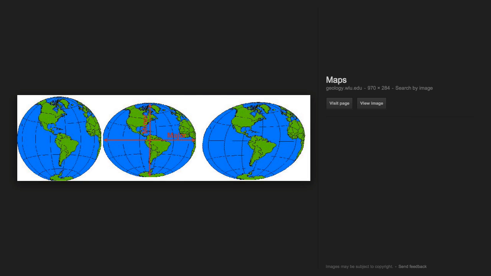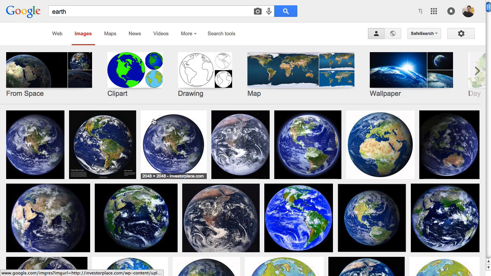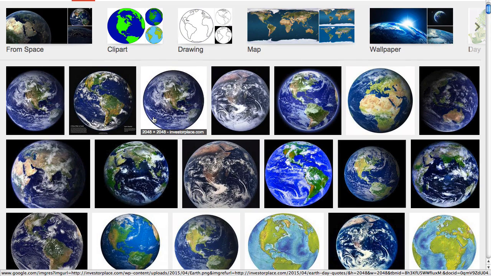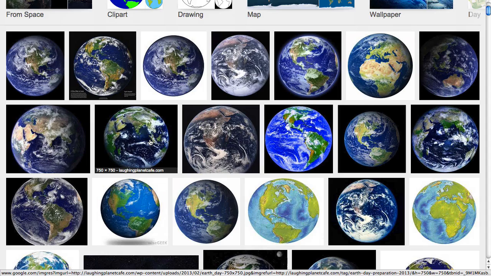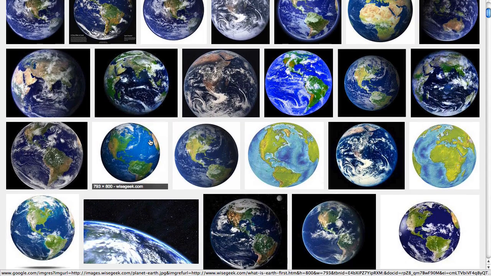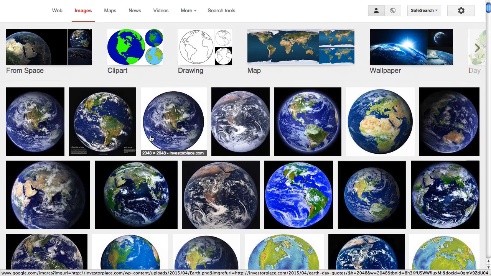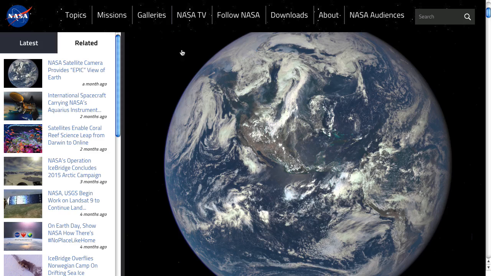Now, we've had this image put in front of us for a very long time. NASA said that this is the photo of Earth. This is what Earth looks like. This is its shape. It's a perfect or almost perfect ball, which, if you think about it in nature, is kind of an amazing feat.